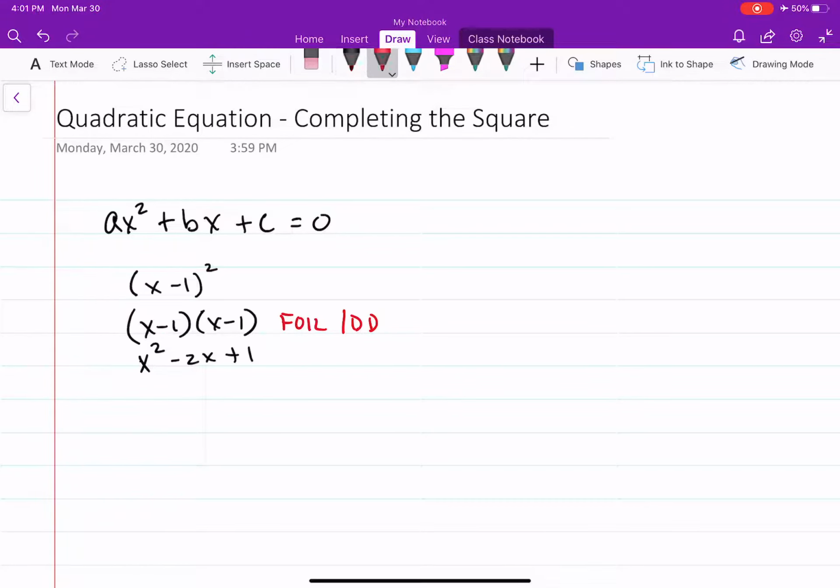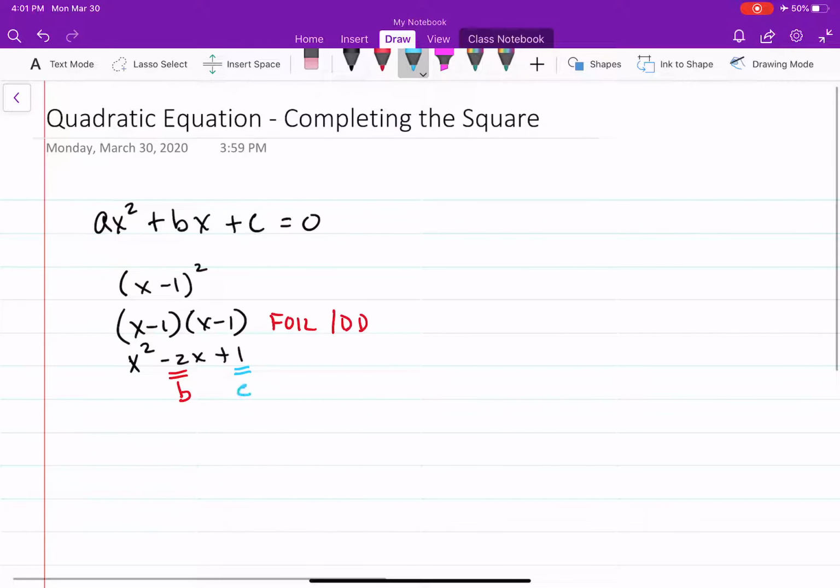So there is a relationship between the b and the c when everything works out so perfectly that it would have the same two factors. And on top of that, the a is also equal to 1.